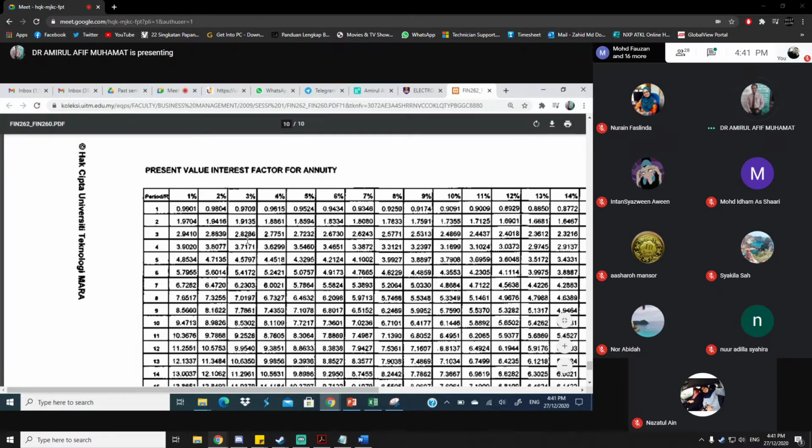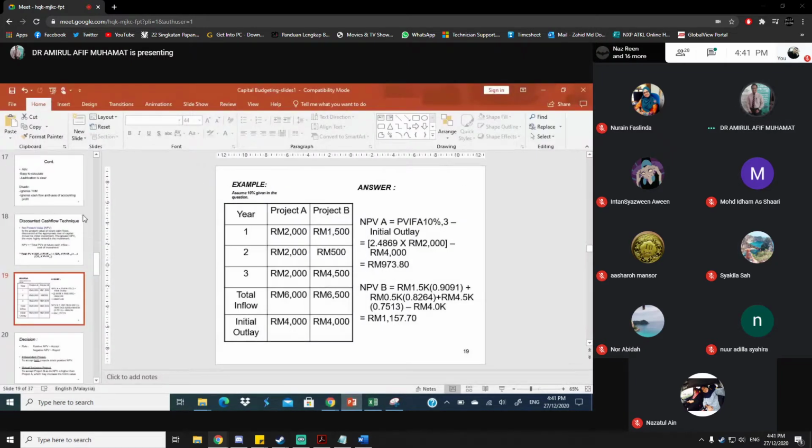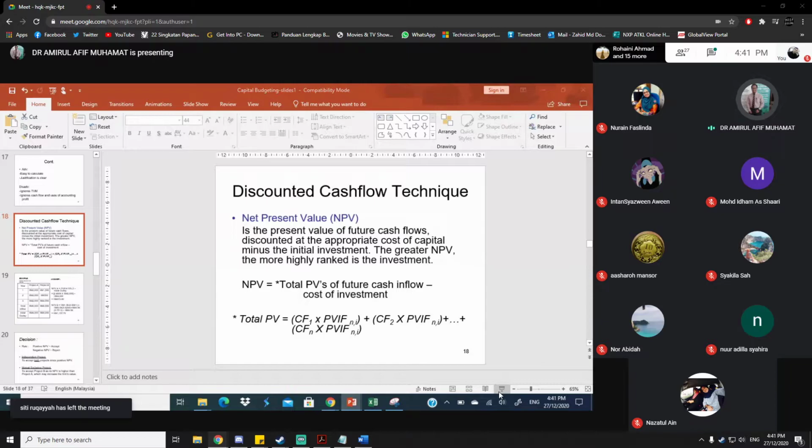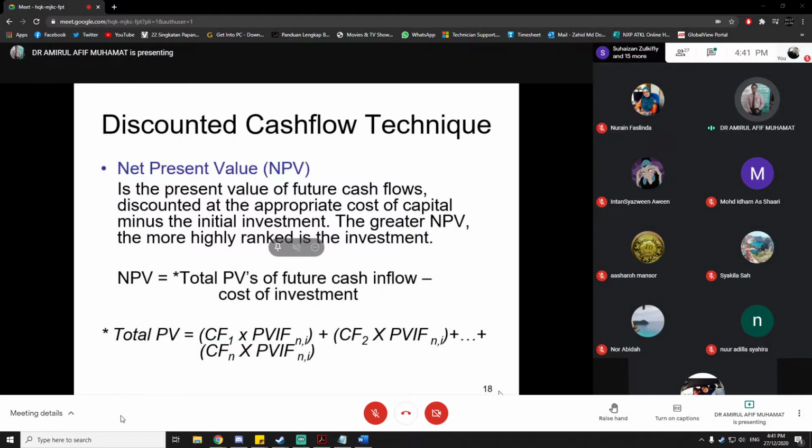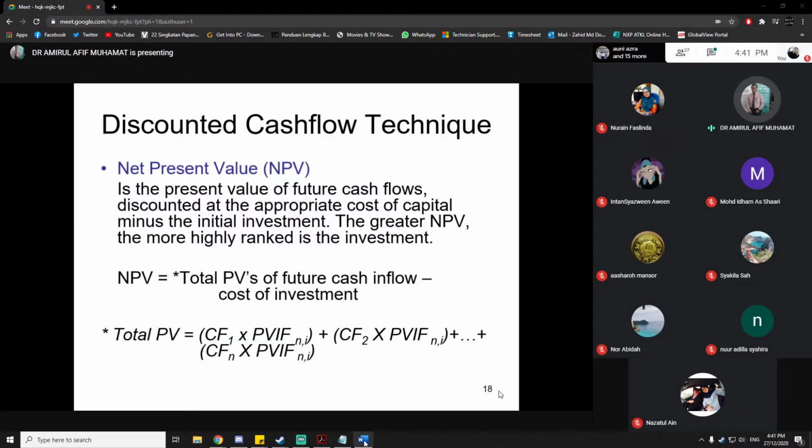So another technique is known as NPV. NPV means net present value. For net present value, you will be using the factor table. And for NPV, positive is preferred and greater NPV is also preferred, or required.